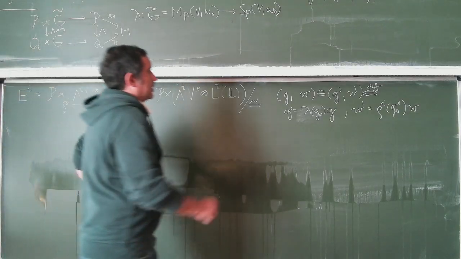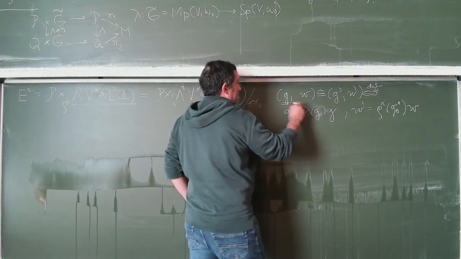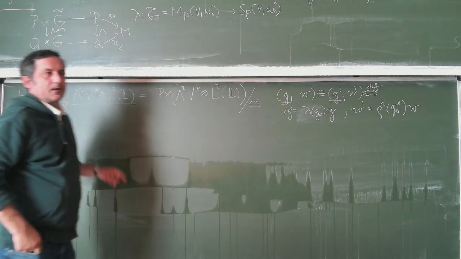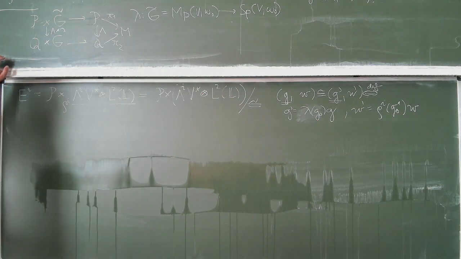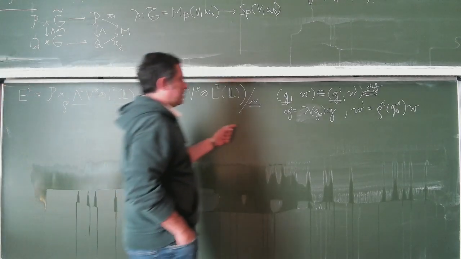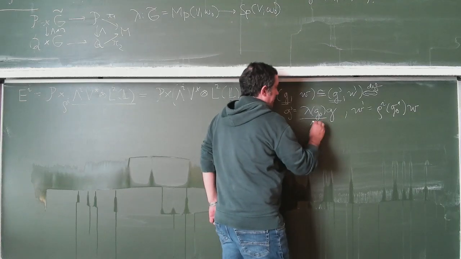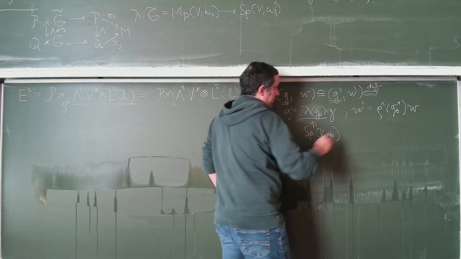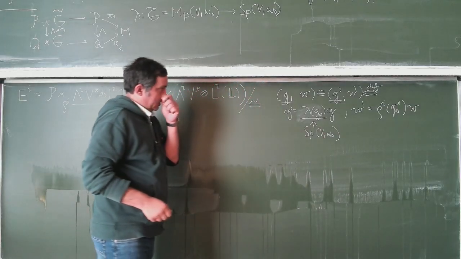One can think of these elements as reference frames on the manifold. They are actually in P, not in Q, which is the space of symplectic frames. And we identify them if they are connected by such an action of necessarily an element of the symplectic group.